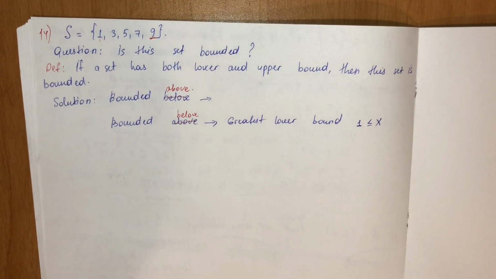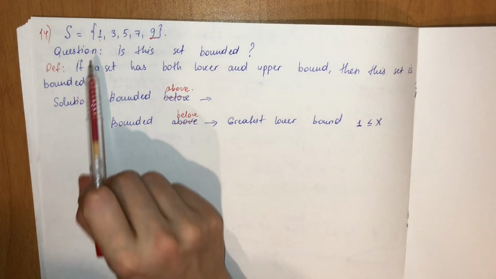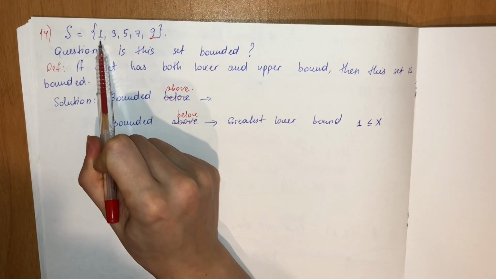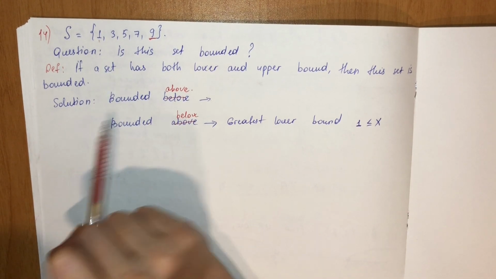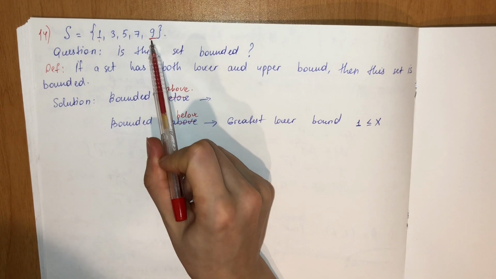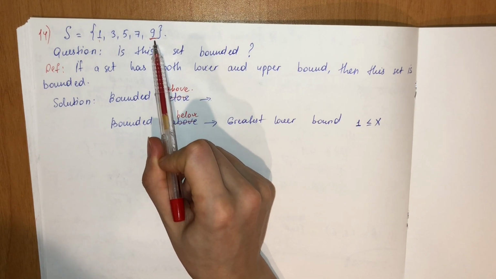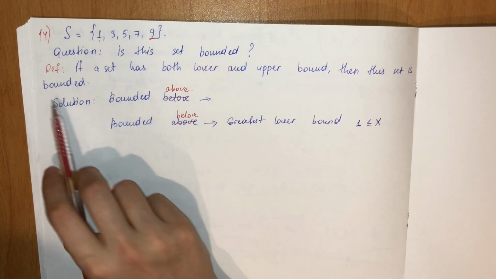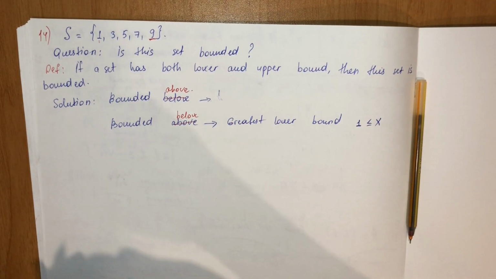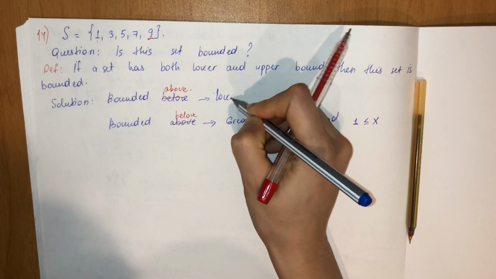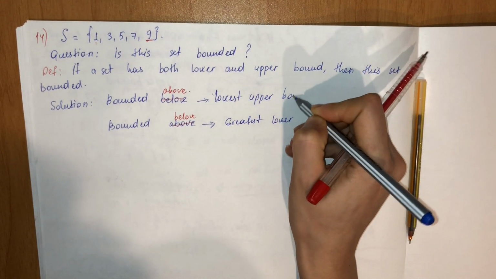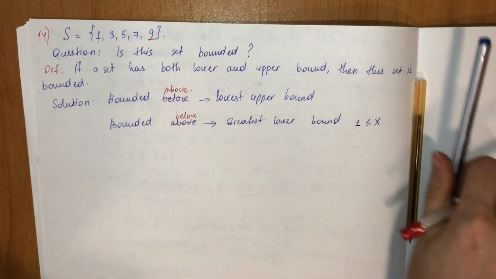If the set is bounded below, the greatest lower bound is 1. This set is also bounded above, so the lowest upper bound is 9.